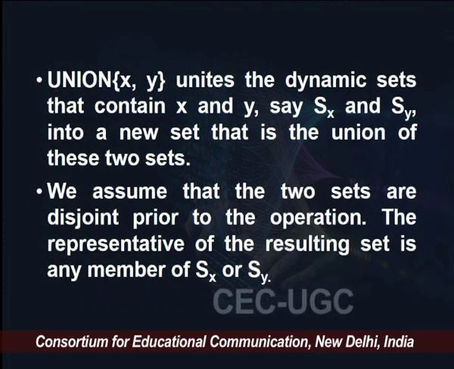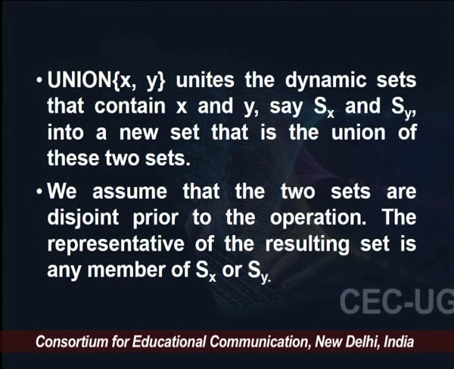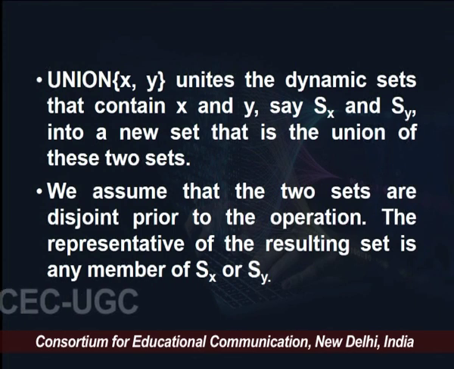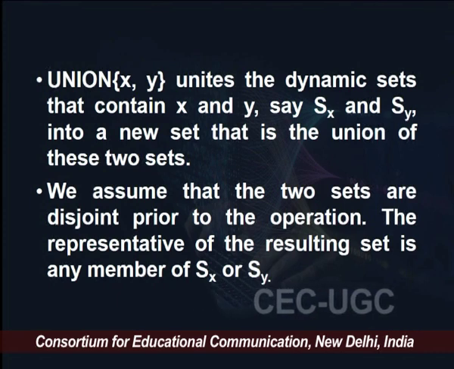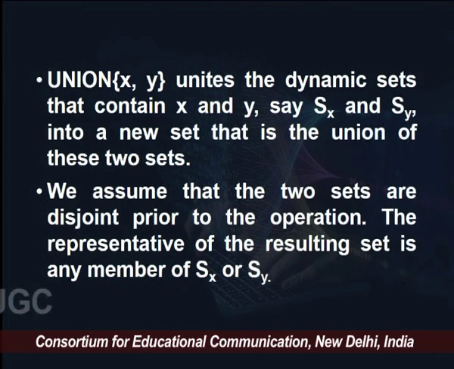The representative of the resulting set will be any member of S of X or S of Y, or the earlier representative of either S of X or S of Y. Any element could be the new representative or new root of the set.